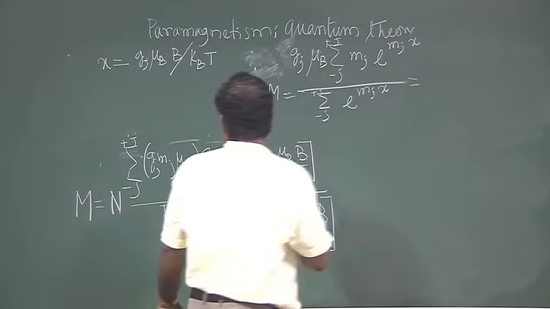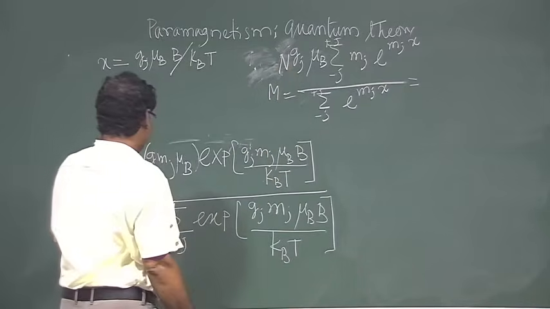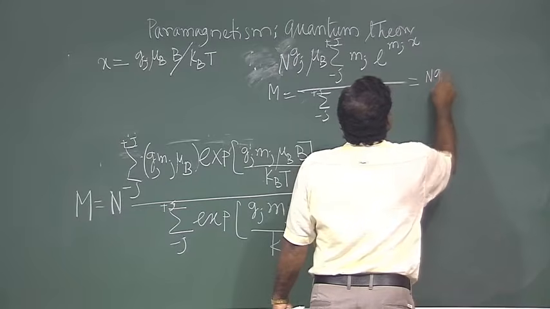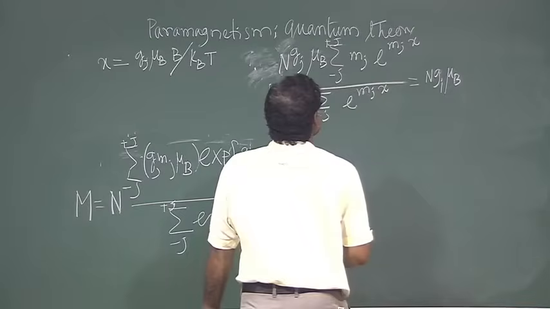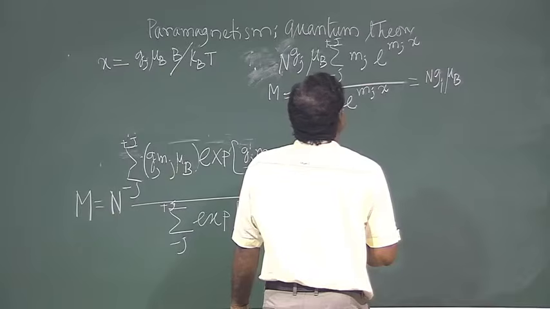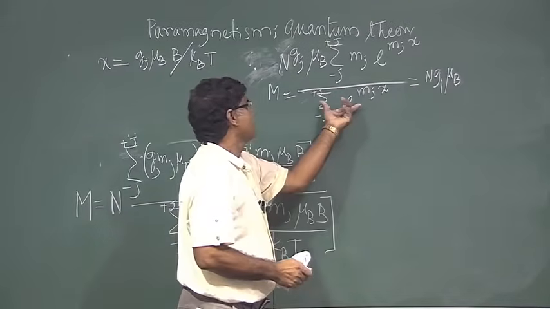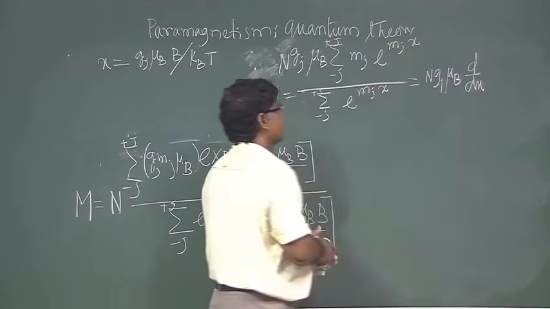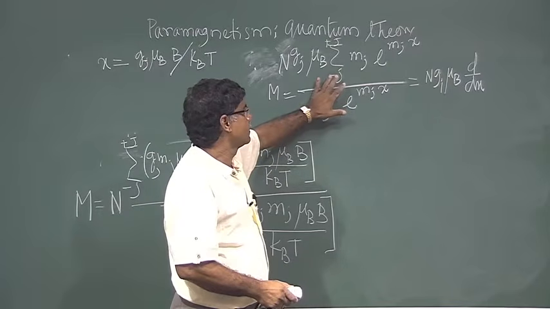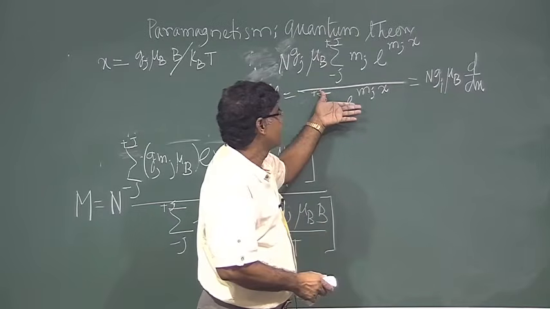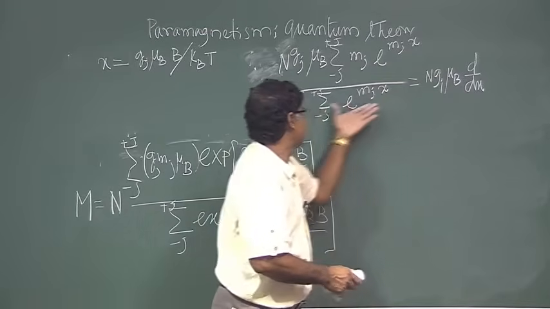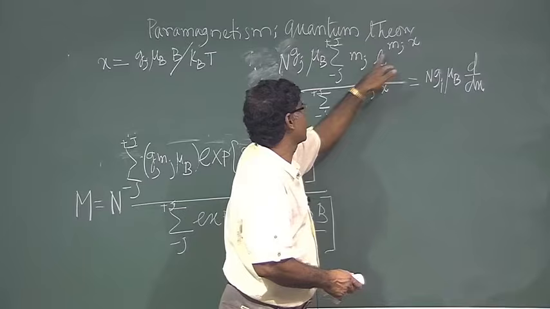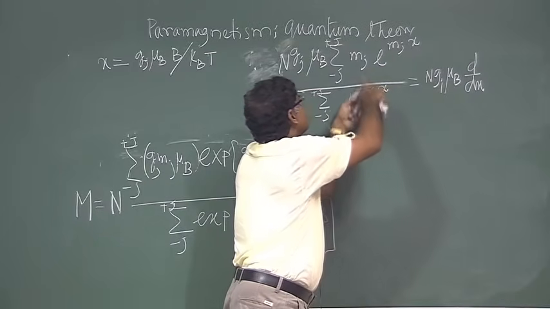I am missing one n, there should be one n, and this I can write as n Gj mu B. If I take the log of this and then differentiate it with respect to x, d by dx of log of this, so 1 by this, then the differentiation of this part will give me e to the power mj x, and differentiating with respect to x it will give me mj.